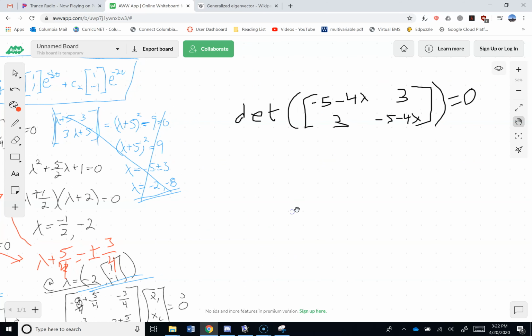Okay. Yeah, so Matt, what you've got over here is the determinant of A minus 4 lambda I. Right. So you took the matrix equation where A is not the A I had.